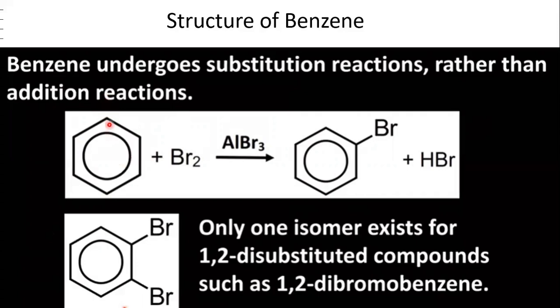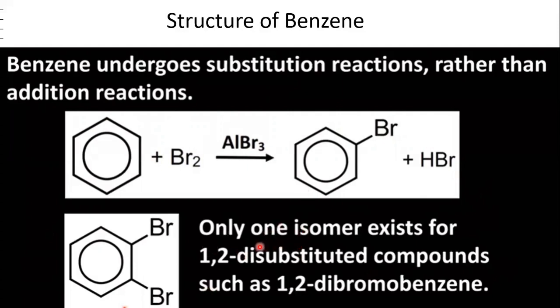For example, when benzene undergoes a substitution reaction with a Br2 molecule in the presence of AlBr3 or FeBr3, we get the compound bromobenzene. So the hydrogen from this position is substituted by bromine, and that hydrogen reacts with the Br and we get a byproduct, HBr.